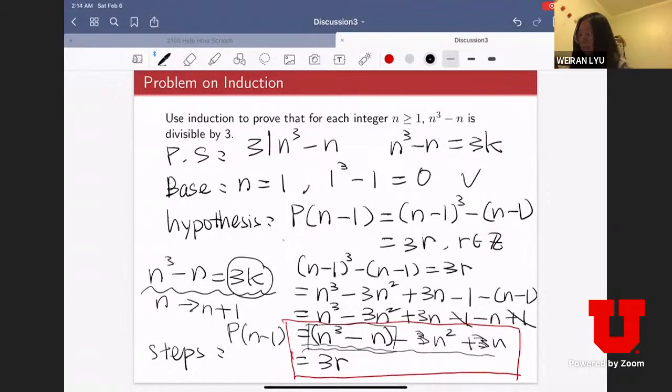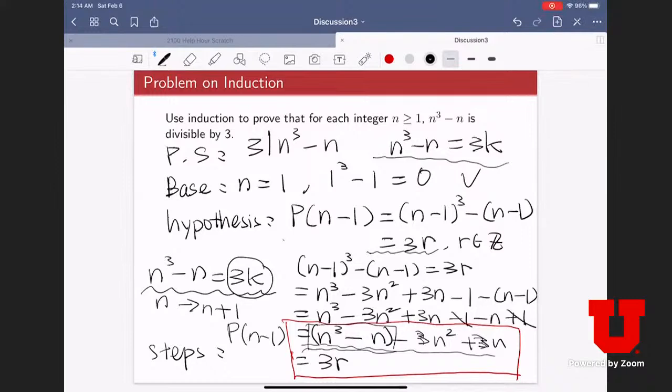Also, sometimes you're gonna use the divisibility theorem, like right here in the problem statement, and also in the hypothesis here, like why we know that P(n minus 1) is equal to 3r, and that's by the divisibility theorem. Yes, I think there was a Piazza post that said if you are using any distributive or commutative properties, you should write those also.